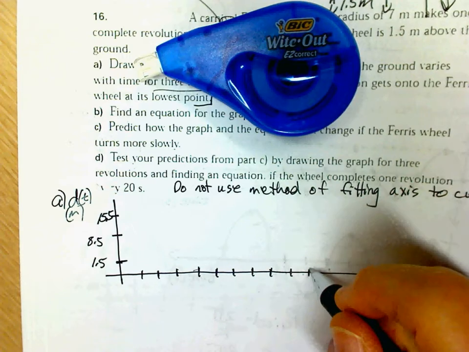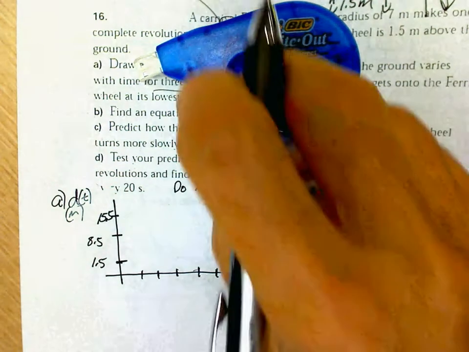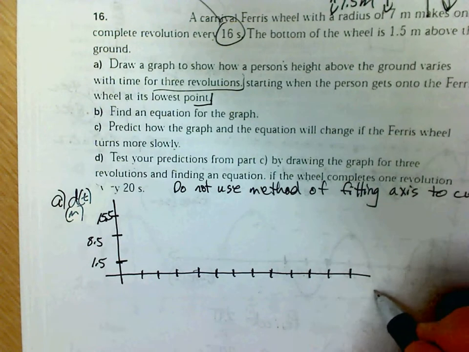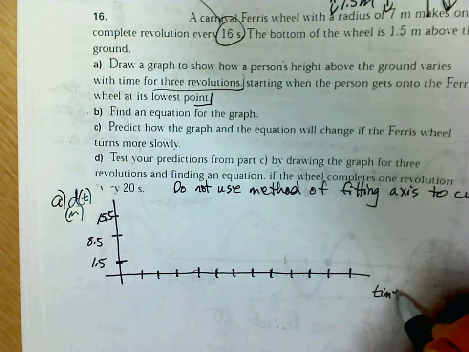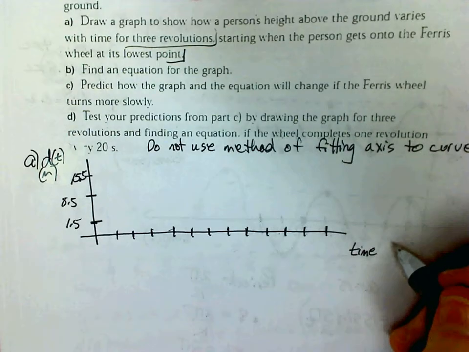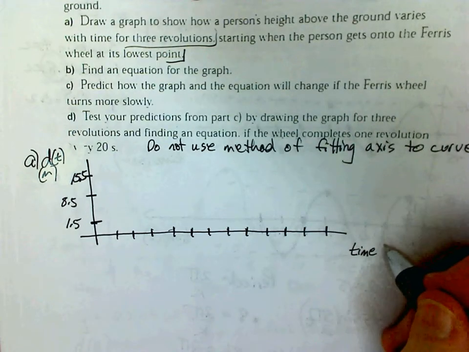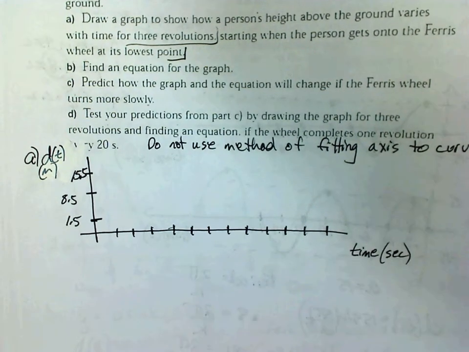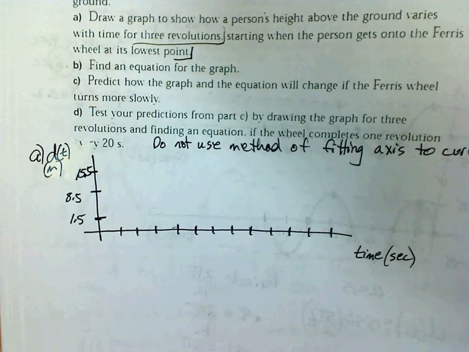This is going to be time in seconds, 1 complete revolution every 16 seconds. So special points occur every 16 divided by 4.